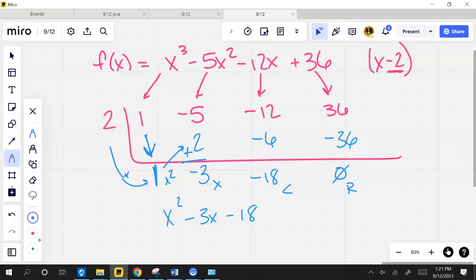Yep. Y'all don't remember this? Negative 5 plus 2 is negative 3. You start with the last column and it goes remainder, constant, x squared, x to the third, x to the fourth, x to the fifth. You count up.